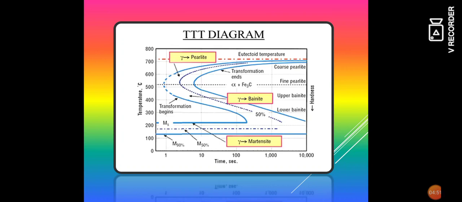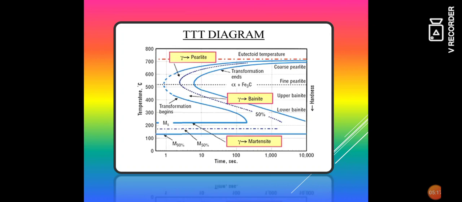Further decreasing the temperature and the material is held for some time. That is very important. When the material is held for some time, the pearlite is slowly changed into bainite. That means at about 300 degrees centigrade, the pearlite is slowly transformed into bainite.